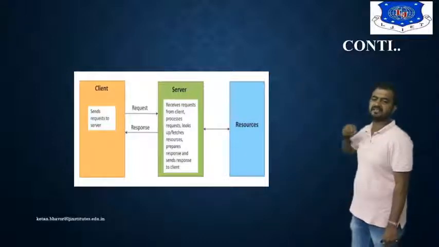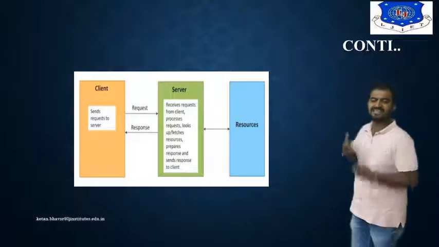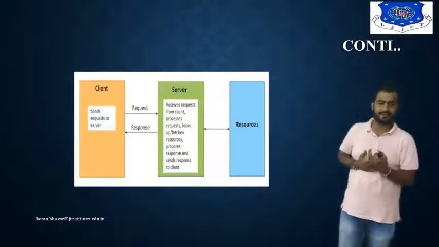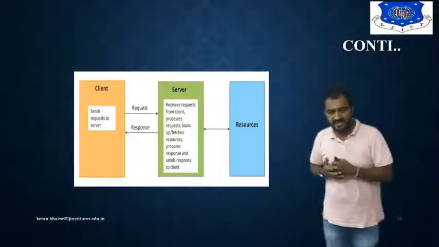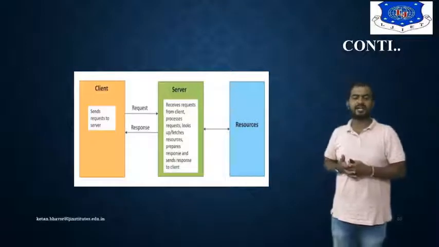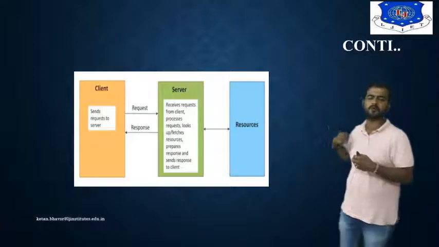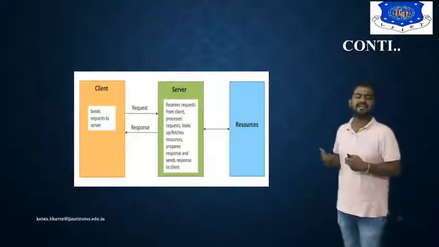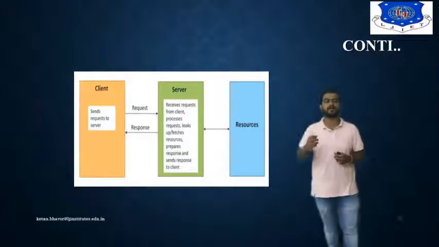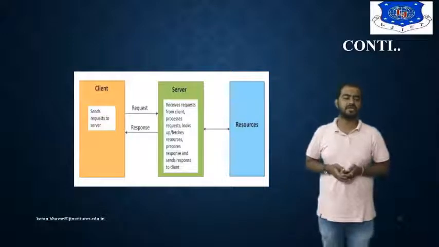The server receives that request, then studies what exactly the client wants. It processes the request, looks into it, fetches, prepares the response, and then sends the response to the client. For that, it requires some resources, it uses them, and then the particular services are provided to the client. So this protocol is called the request response communication model.